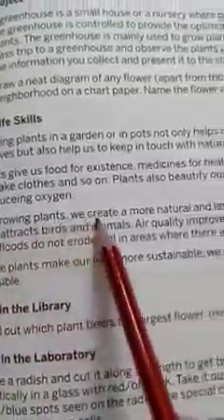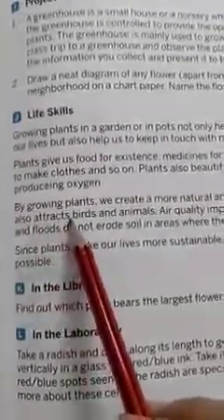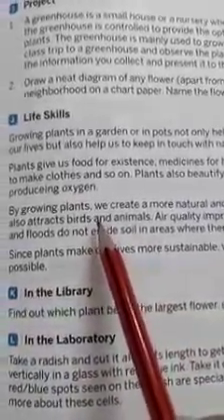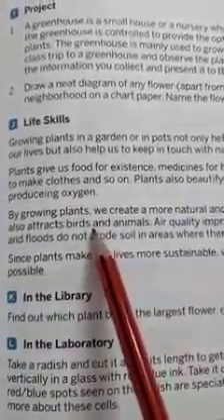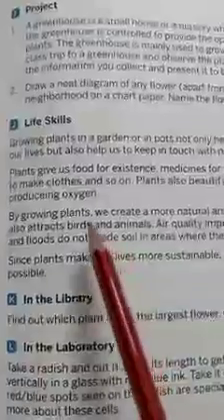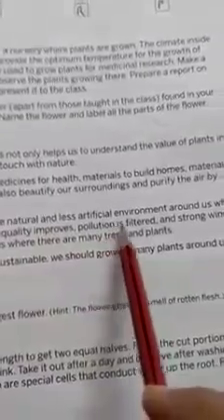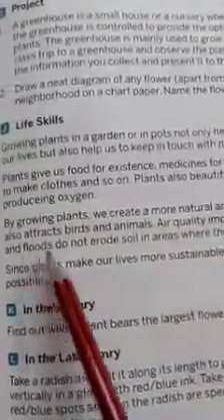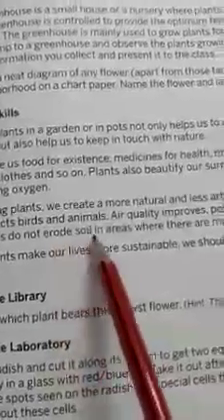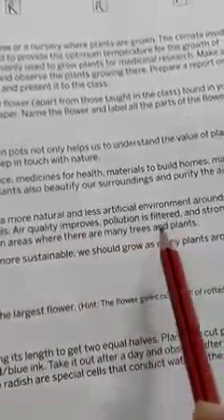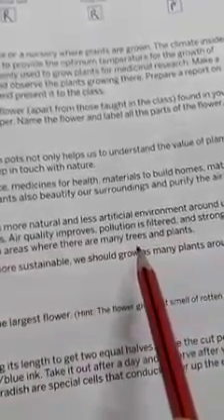By growing plants, we create a more natural and less artificial environment around us, which also attracts birds and animals. Dear students, growing plants also attracts the natural environment and the habitat of birds and animals. Air quality improves, pollution is filtered, and strong wind and flood do not erode soil in the area where there are many plants and trees.